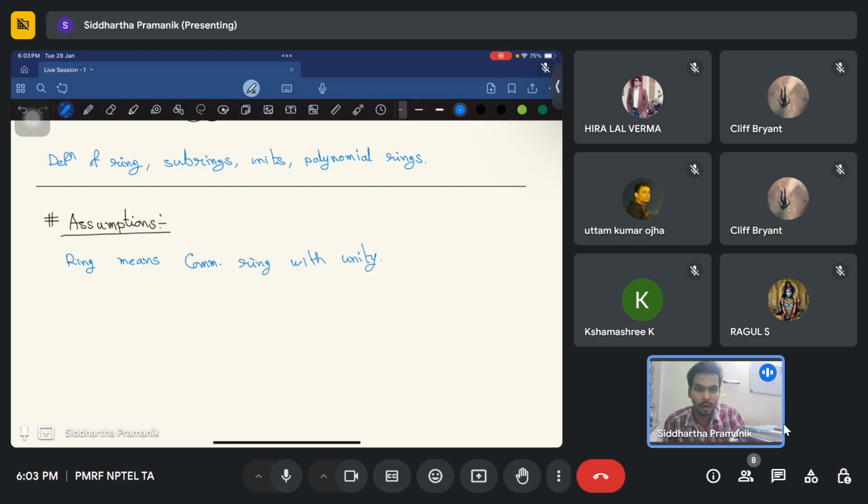And also our subring contains the identity of the bigger ring. So keep these assumptions in your mind.